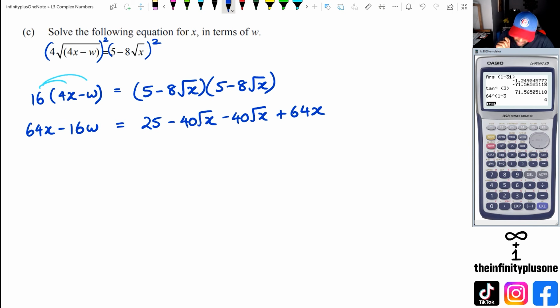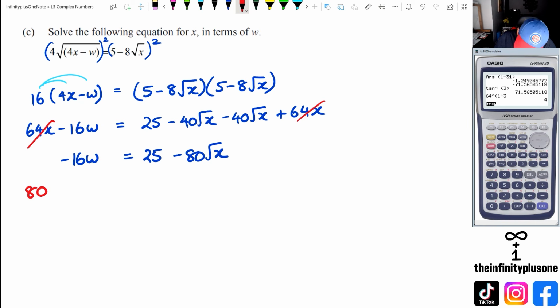Okay, so now what I can see is 64x on both sides, so I'm just going to cancel both of those out, and simplify what's left over. So I've got negative 16w equals 25 minus 80 root x. I want to have x by itself, so I'm going to bring negative 80 root x to the left hand side to make it positive.